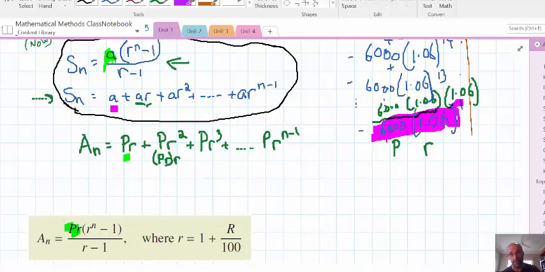And R is still the same. It's that growth rate, because as we went from one term in the sequence to the next, it's multiplied by R, so that's still the same. The number of terms is still the same as well, because you can see we have a correspondence there.